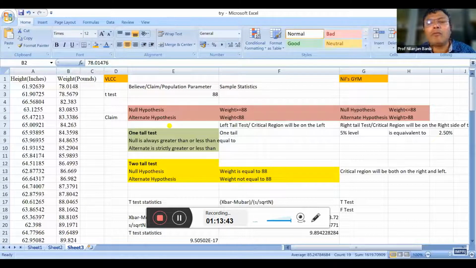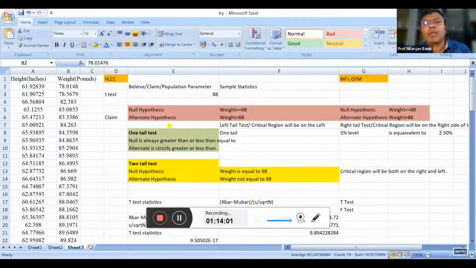So how do I know whose claim is correct? For that, you'll have to collect the sample, right? And once you collect the sample, you'll have to do the testing on the basis of the t-test. Only then will I be able to understand whether what they're claiming is right.